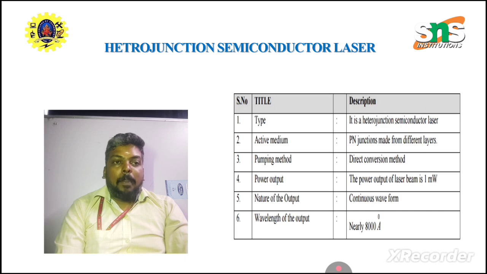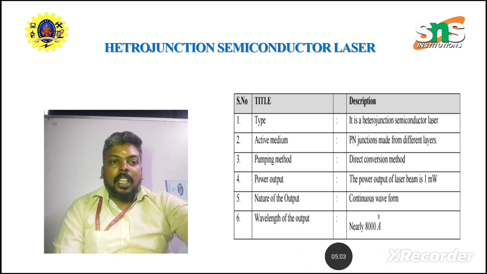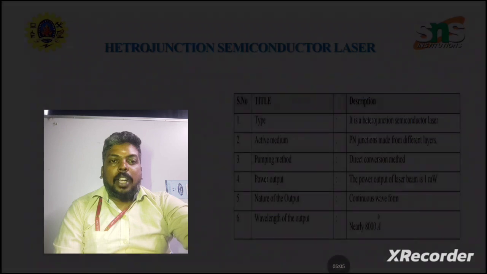The pumping method is direct pumping, in which electrons are excited from the ground state. The power output is also 1 milliwatt, which is enough for communication or electronic devices, and the wavelength is about 8000 angstroms.